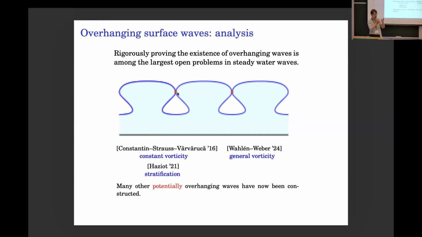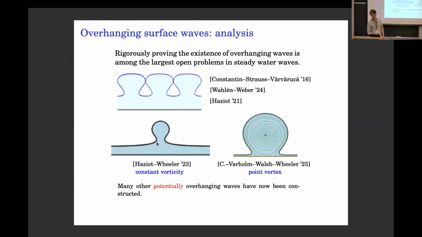I forgot to make this distinction. By overturning, I mean just developing a vertical tangent. Overhanging is way past this, so the profile becomes multivalued. But this touching is somehow due to periodicity, because they are considering periodic waves.